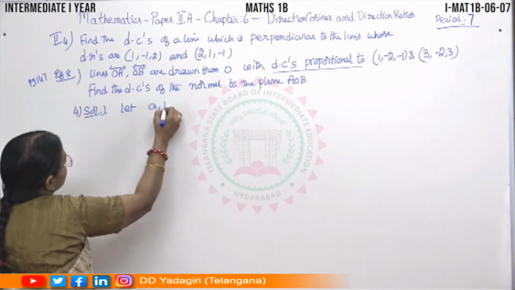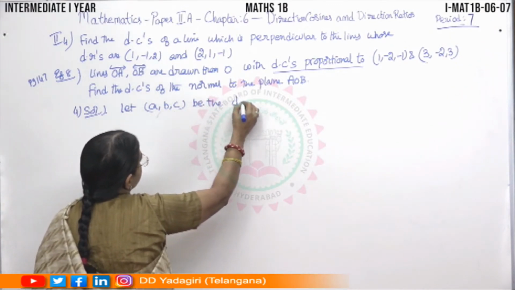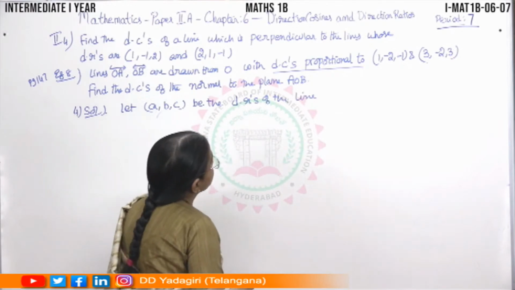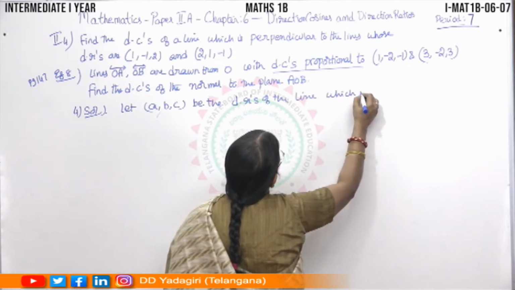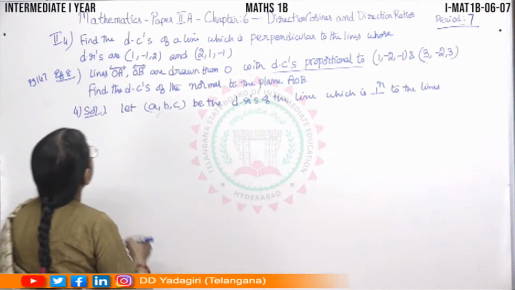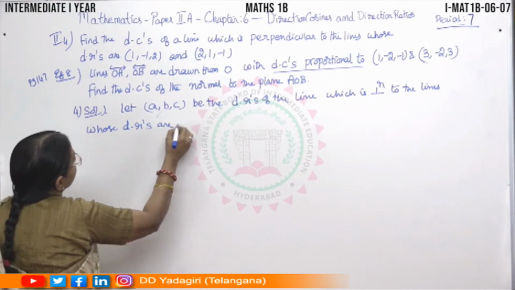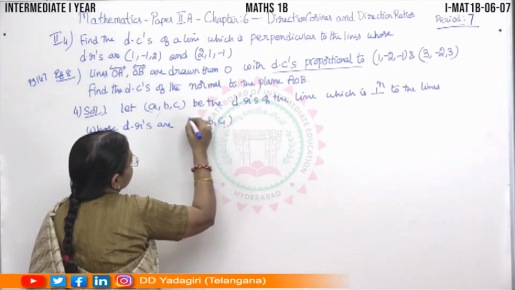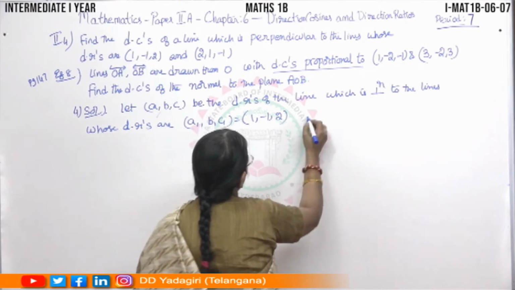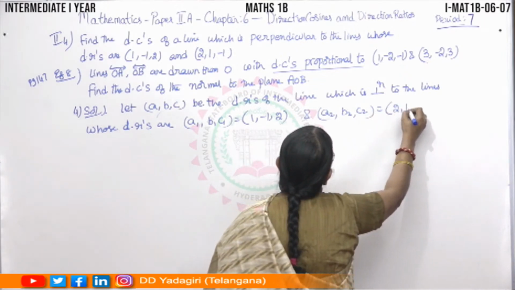Suppose that A, B, C be the direction ratios of the line which is perpendicular to the lines whose direction ratios are A1, B1, C1, which is 1, -1, 2, and A2, B2, C2, which is 2, 1, -1.